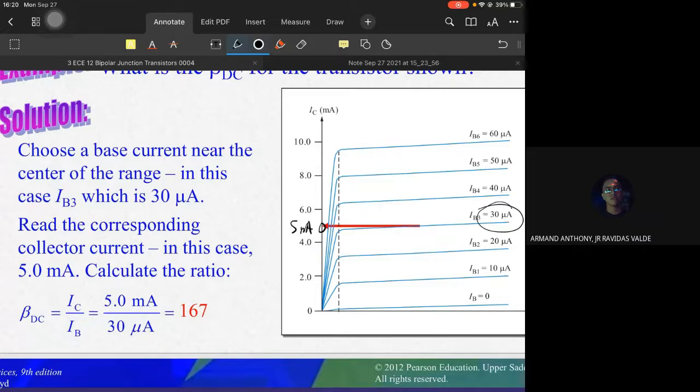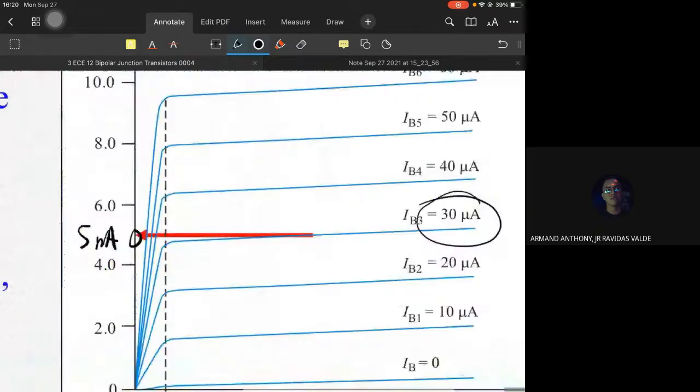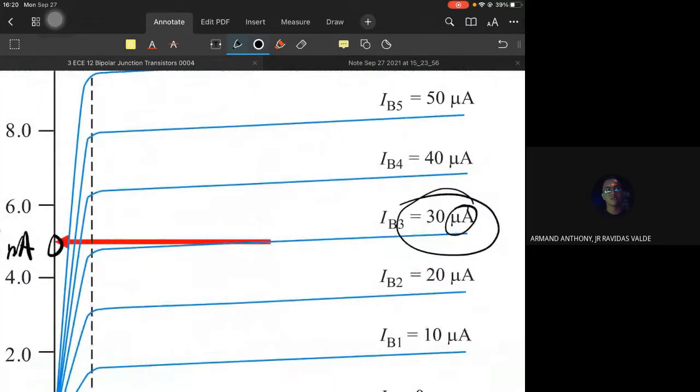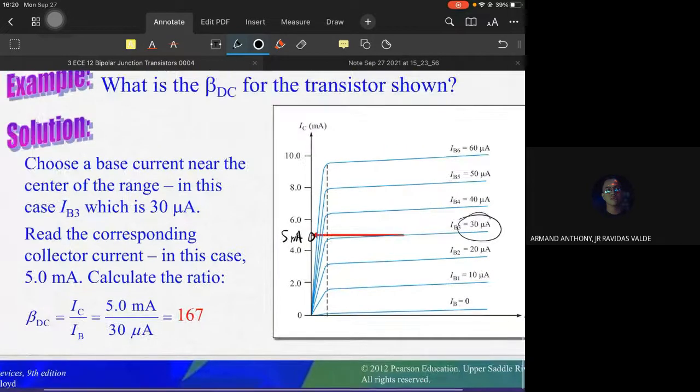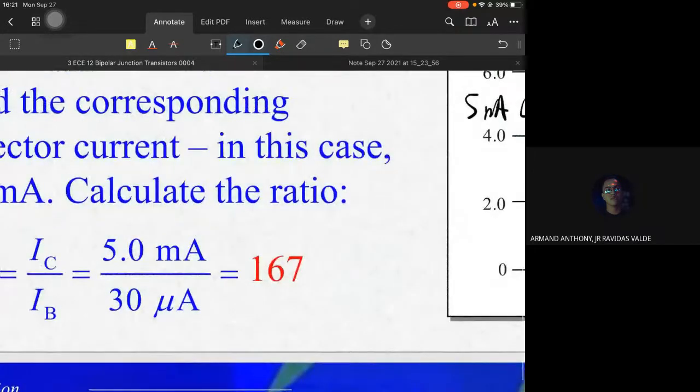So, dividing 5 milliamperes by 30 microamperes, take note that 30 is micro. That gives 167. And beta is unitless, because beta is an amplification factor, or gain. So, no units. Just 167.